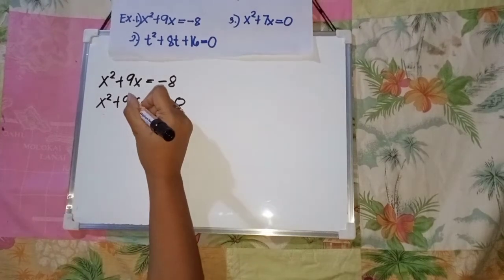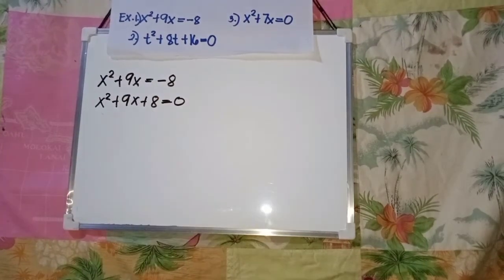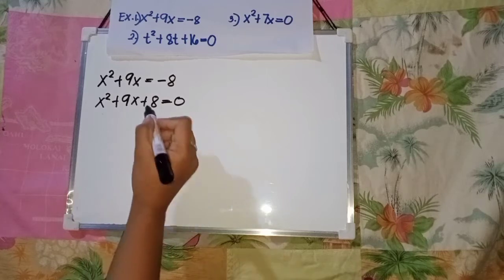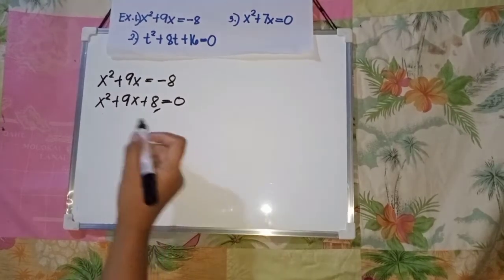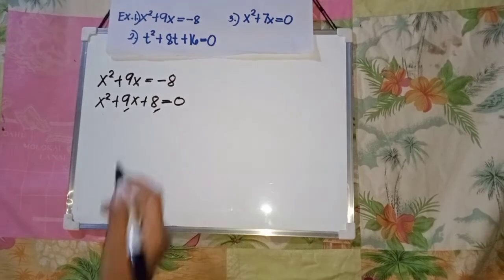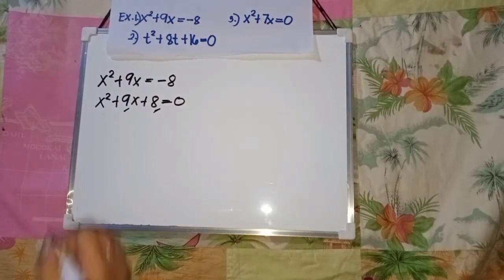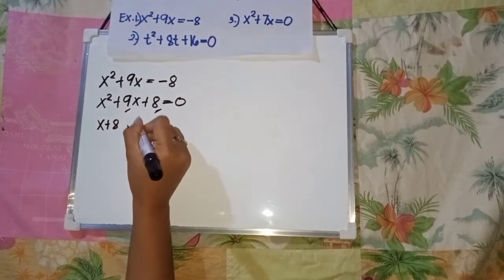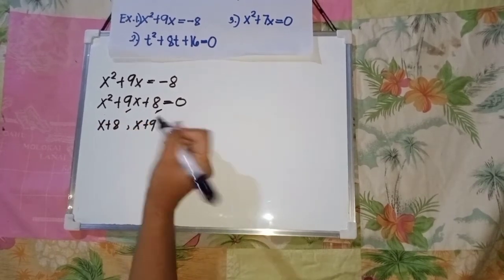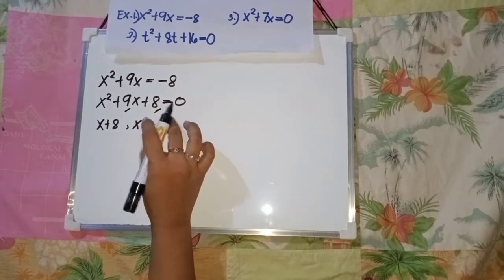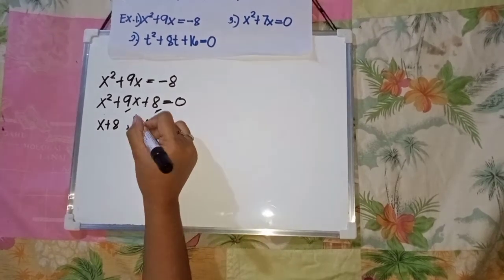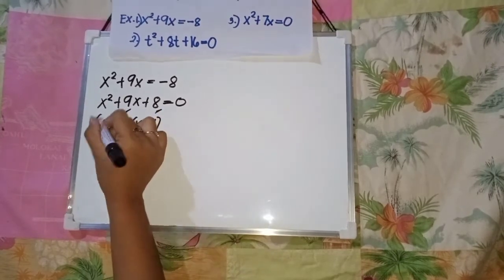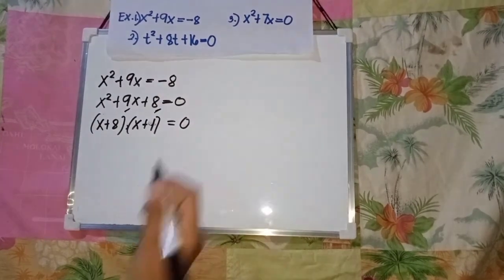Next, we need to factor the equation. What are the two numbers that when you multiply, it will equal 8, and when you add, it will equal 9? So, it will be x plus 8 and x plus 1 is equal to 0.